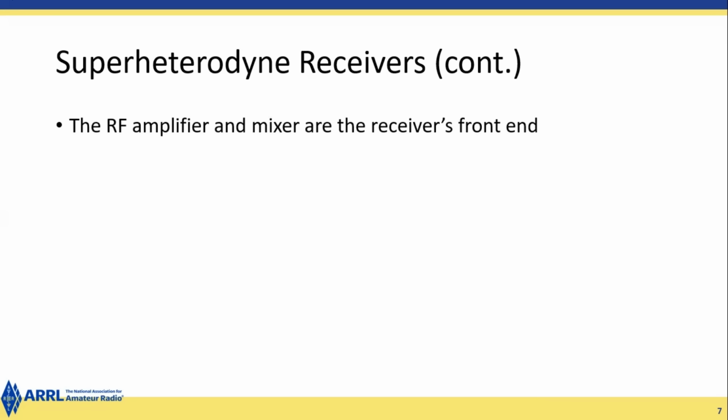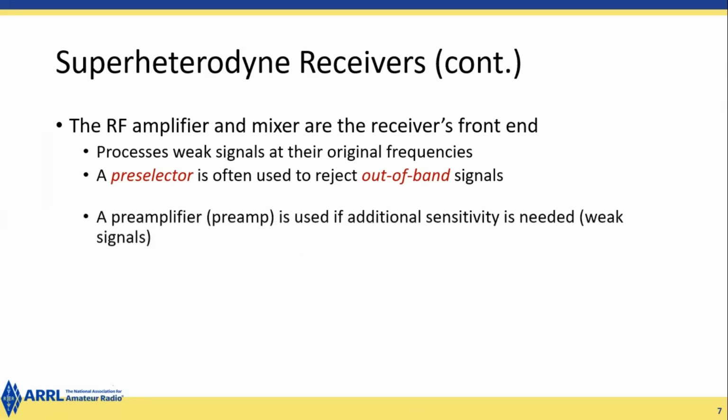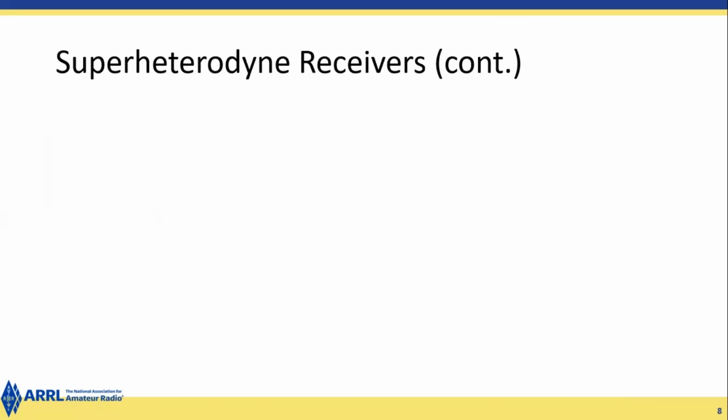The RF amplifier and mixer are the receiver's front end. It processes weak signals at the original frequencies. A preselector is often used to reject out-of-band signals. A preamplifier, or preamp we call it, is used if additional sensitivity is needed, such as for weak signals.